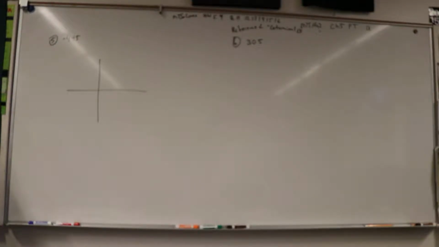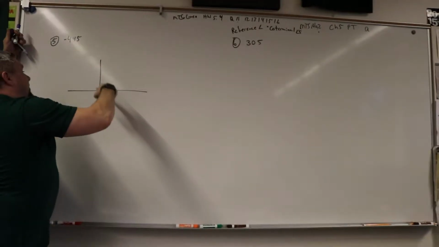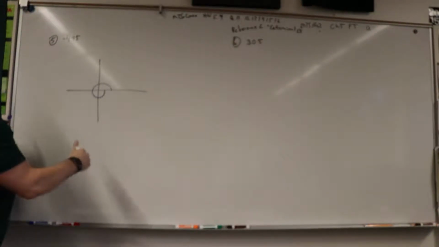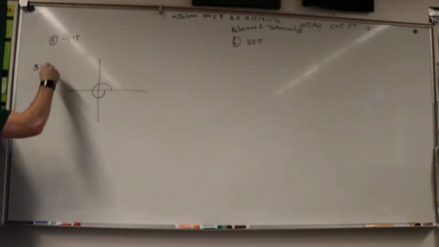So we have to first draw the angle before we can figure out what the coterminal or reference is. So we know it's negative. That means it's going down. It's more than 360. That means it goes around. Okay? So how much more than 360 is it?